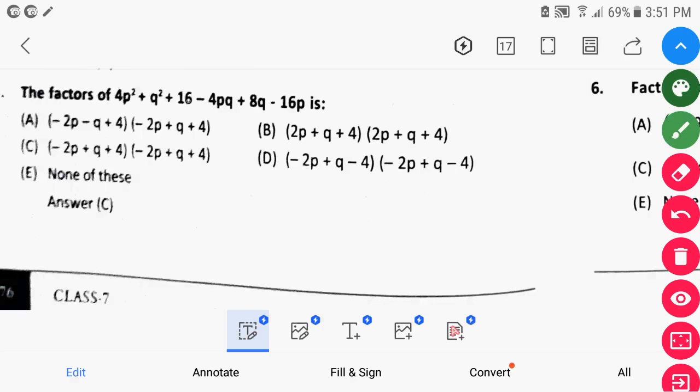Now the next one is, again you can see, this is a square plus b square plus c square, 2ab, 2bc, 2ca, because one is a constant term here. Okay, so this can be written in the simplest form as a plus b plus c square.